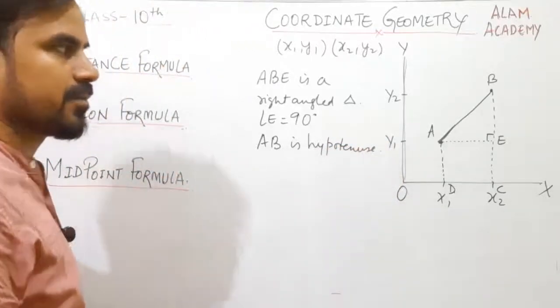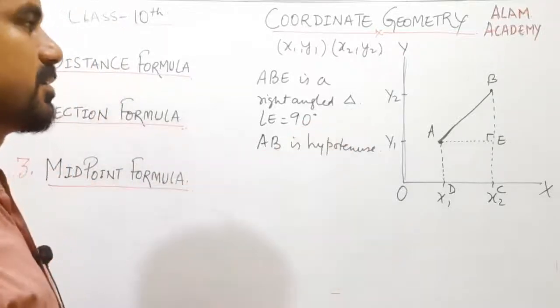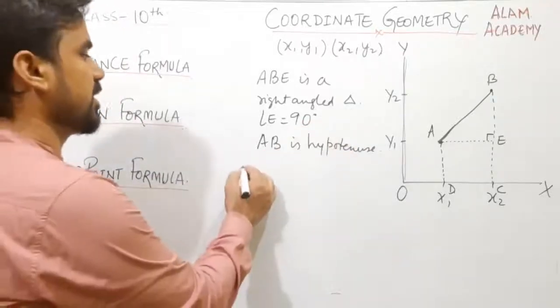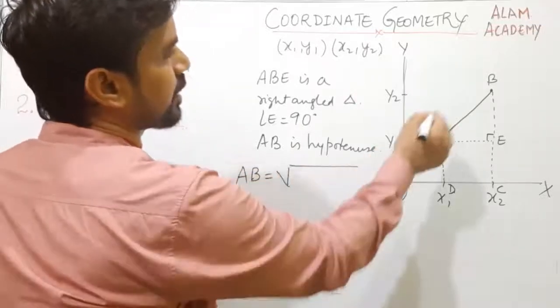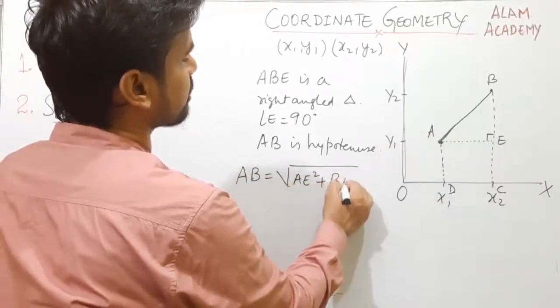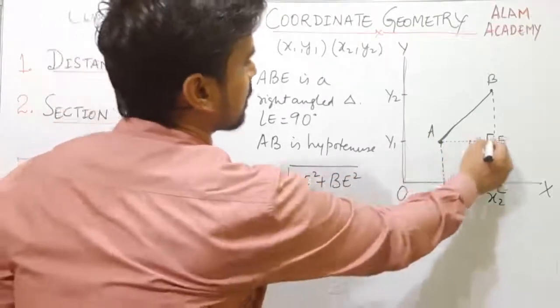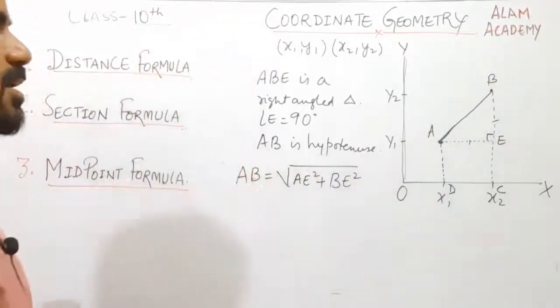Okay, now from the Pythagoras theorem we know that if we have to find out the hypotenuse, AB will be equal to under root AE square plus BE square. Okay, we don't have the value of BE and AE, हमारे पास BE और AE का वैल्यू नहीं है.